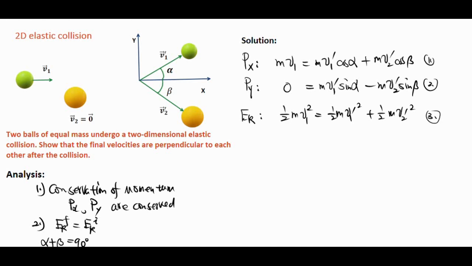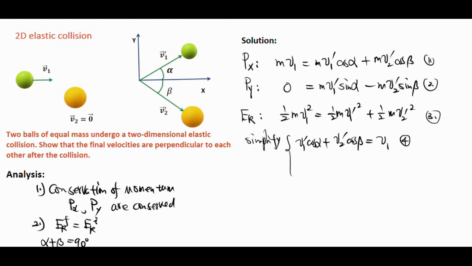This equation can be simplified. You see the common factor m and one half. So then we simplify it. The first equation becomes v1 prime cos alpha plus v2 prime cos beta equal to v1. Let's call it equation 4.